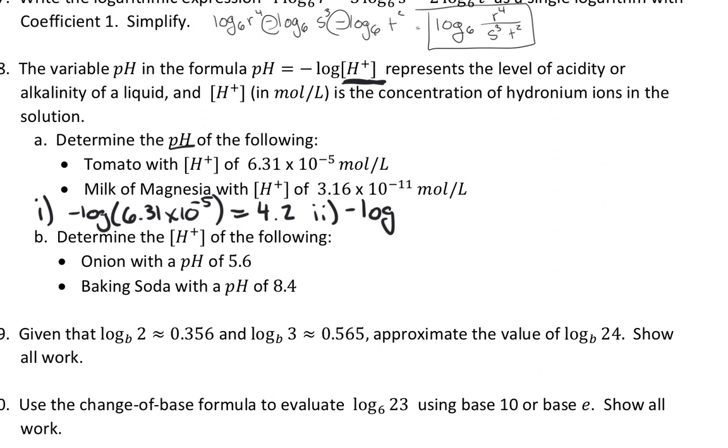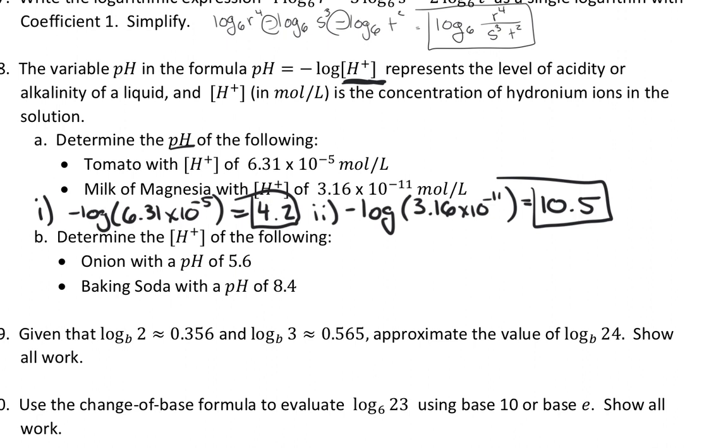Negative log of 3.16 times 10 to the negative 11. I'll put that in my calculator, and that's going to give me a pH of 10.5. So those are my two pHs.